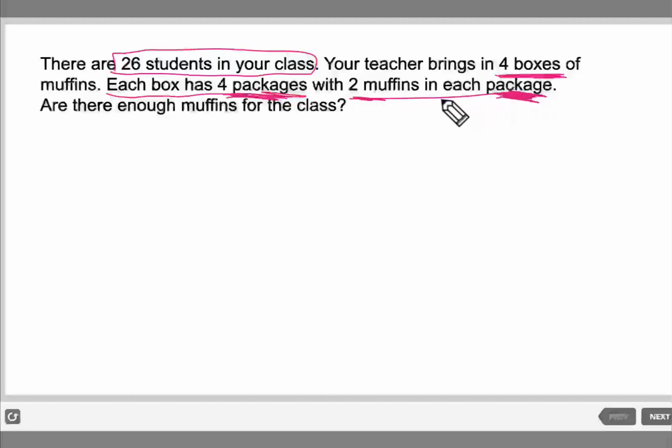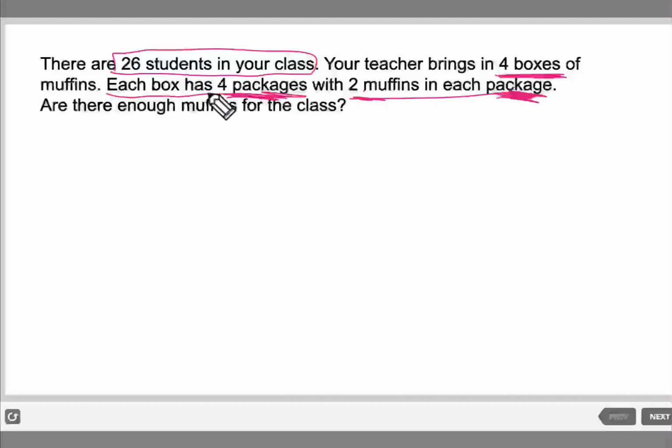I see that something should repeat. I see the 2 muffins in each package, so I should repeat the 2. How many packages do we have? We have 4, right? So we need to repeat the 2 4 times.